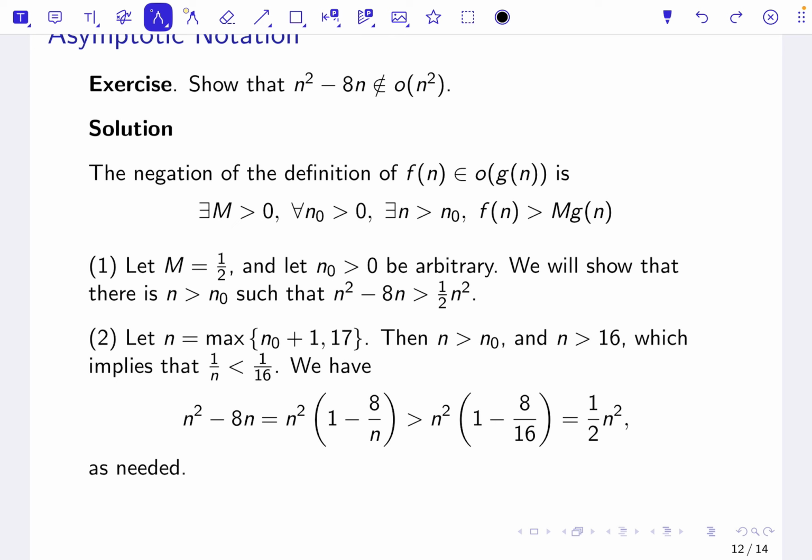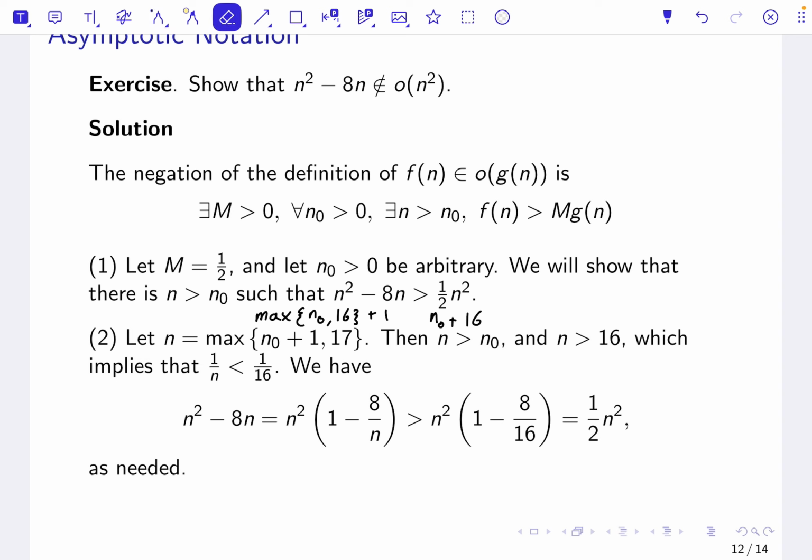For setting n, they used the slightly clunkier version of our max trick. I would have preferred max of n naught, n naught 16 plus 1, or even n naught plus 16, but all of these work.